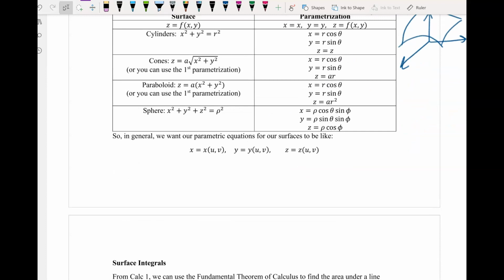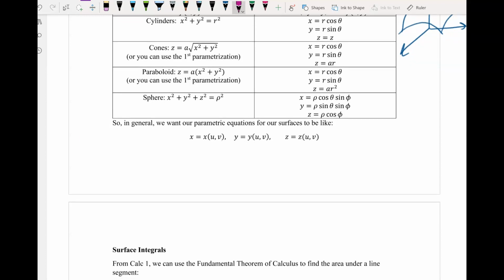So before we get to it, let's say we want to parametrize, maybe some plane. Let's say we convert it to parametric equations. So let's say you want to parametrize z equals x plus y.